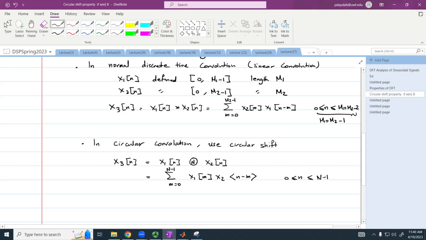Why is the top of the summation M2 minus 1? What about M1? From 0, because it has a length of M2. This one has a length of M2, this is M1. You can flip them and do it to M1, depending on which term you have here.